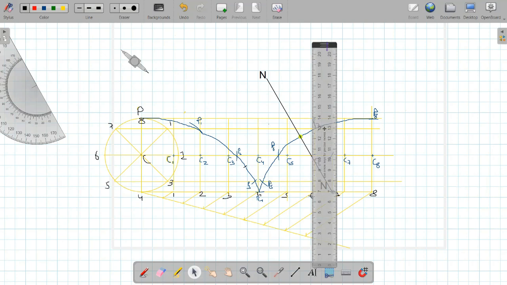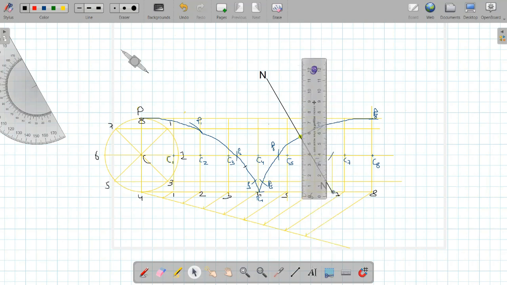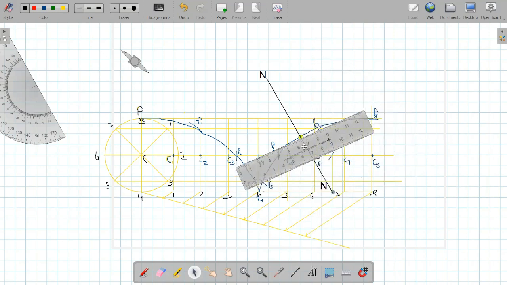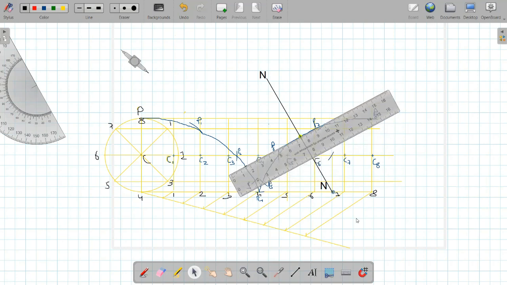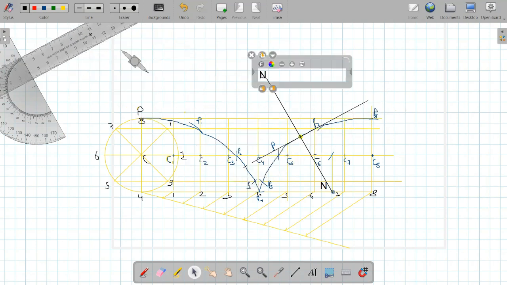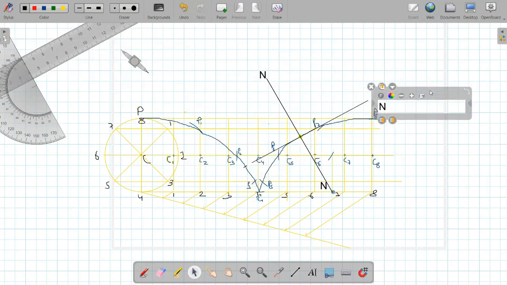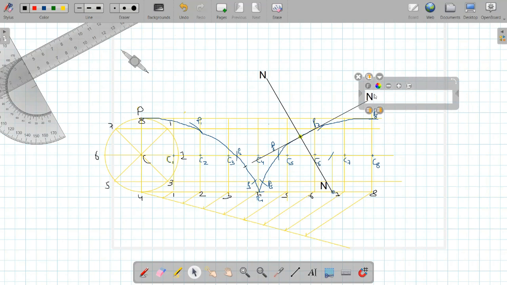And then by means of a scale, join this. And this becomes the tangent, naming it as TT. That is tangent.